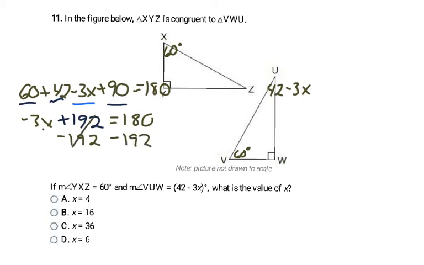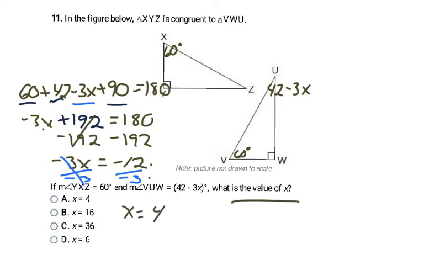These cancel, and I'm left with just the minus 3x on this side, and that equals a negative 12 on this side. I divide both sides by negative 3. These negative 3's cancel, and then negative 12 divided by negative 3 is 4. So x equals 4. It just wanted to know what is the value of x. So I'm done, and my answer is A.